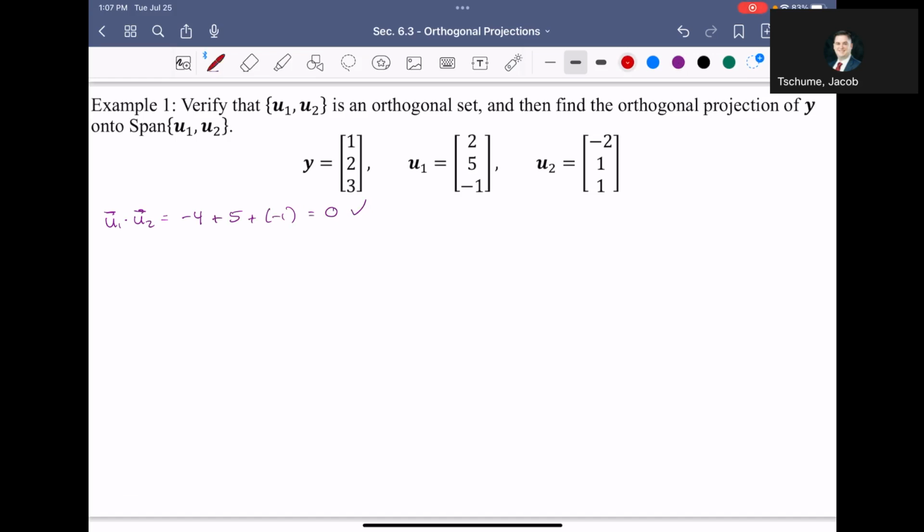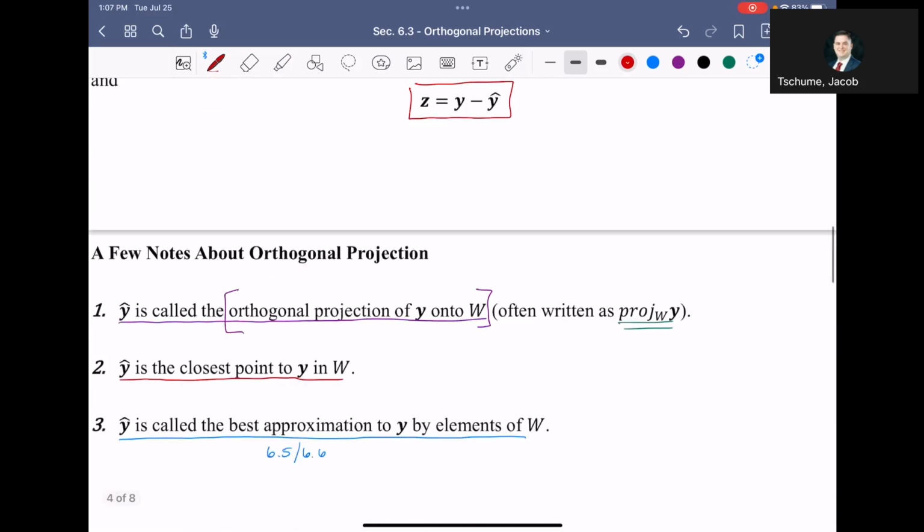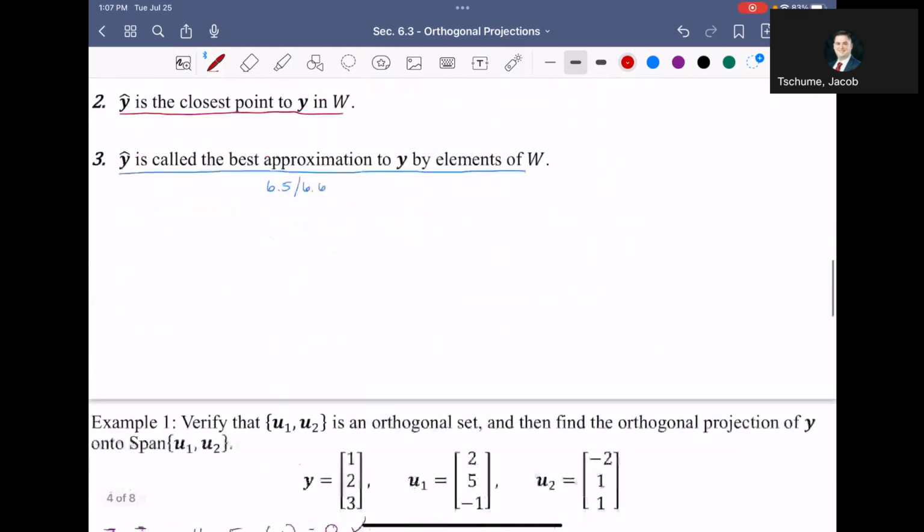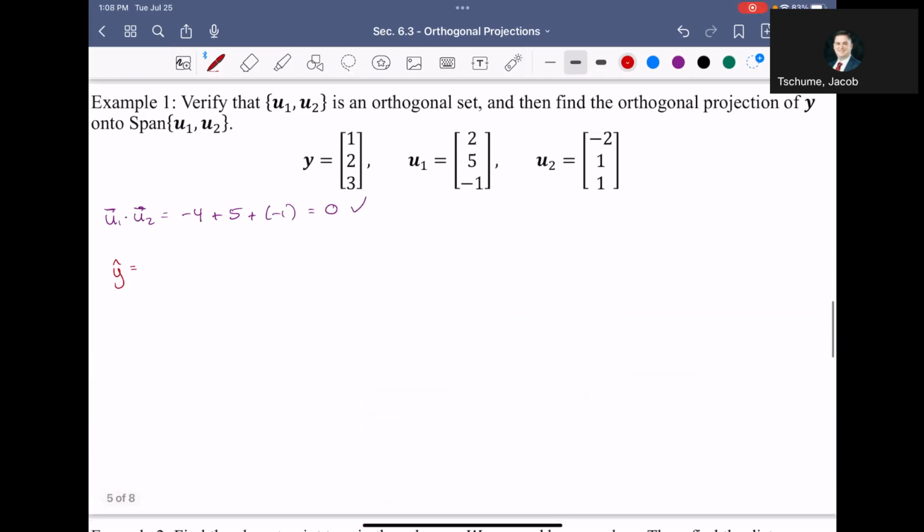Since that is the case, we can now write our formula for y hat as the following. And once again, all I'm doing is piggybacking off this definition, but I'm only going to go U1 through U2 because that's the number of vectors in my set. So this would be the vector y dotted with U1 over U1 dotted with itself times U1.